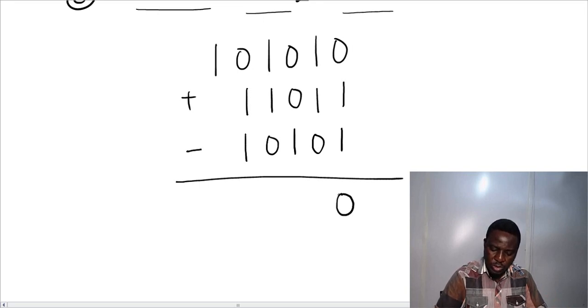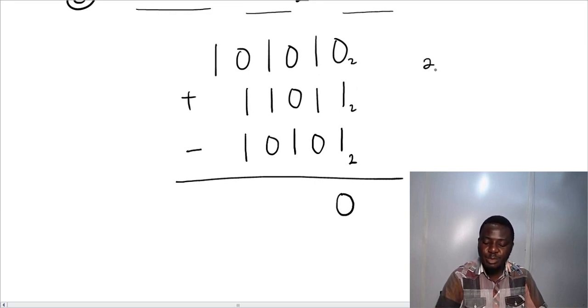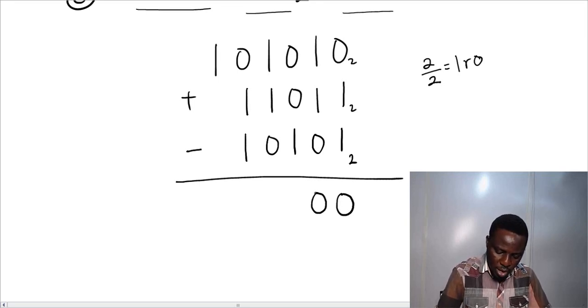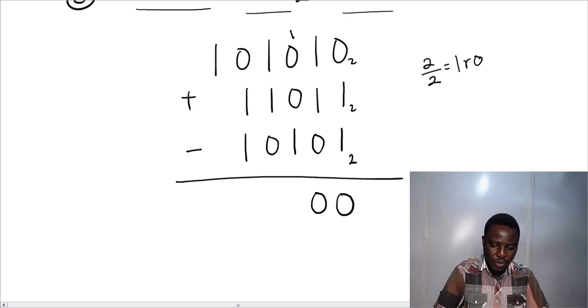So this is equal to 0. 1 plus 1 is 2, but 2 minus 0 is 2. And since 2 is not a digit in base 2, we have to divide it by 2. So 2 divided by 2 is 1, remainder 0, or 10 as you may call it. You write down 0 and carry 1.